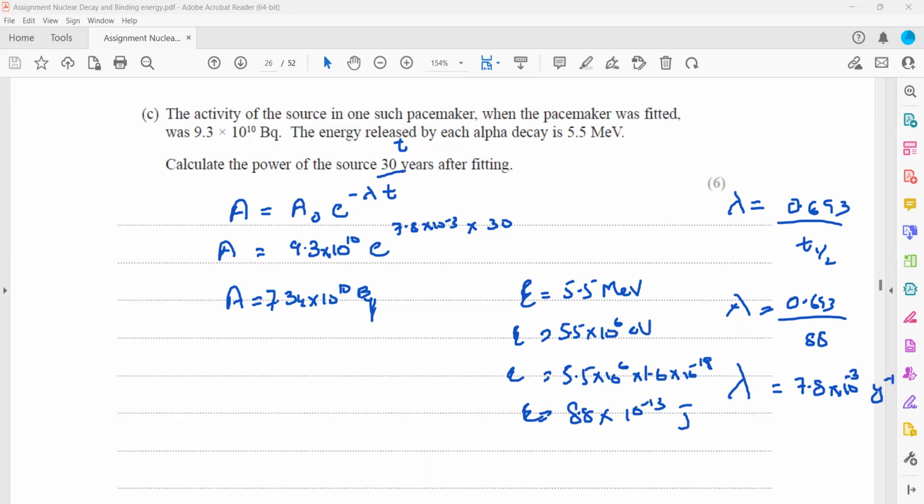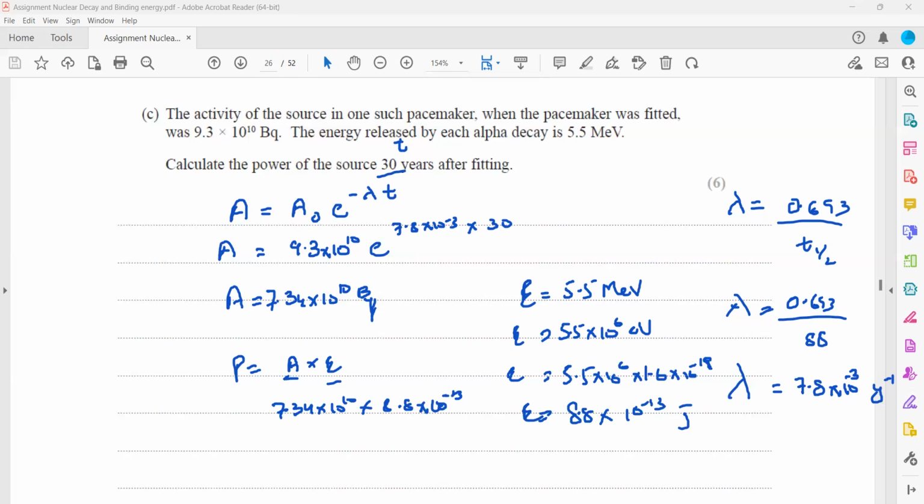So we have the energy in joules, and how do we work out the power? Power is basically energy divided by time. In this case it will be activity multiplied by energy, because activity is how many particles disintegrate per second. So whenever we need the power of any radioactive sample, it's activity multiplied by the energy of one particle. The new activity was 7.34 times 10 to the power 10 times the energy 8.8 times 10 to the power minus 13.